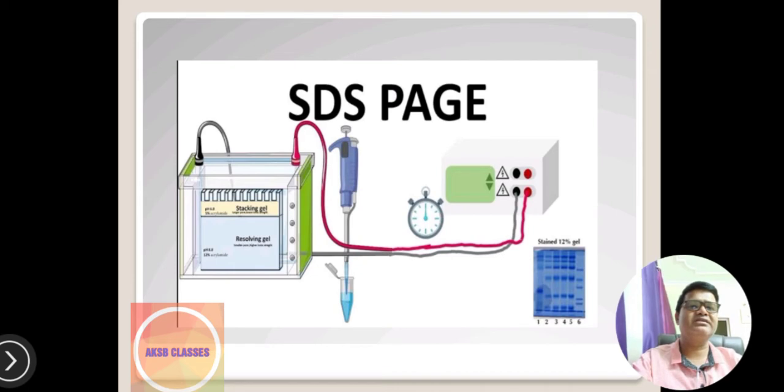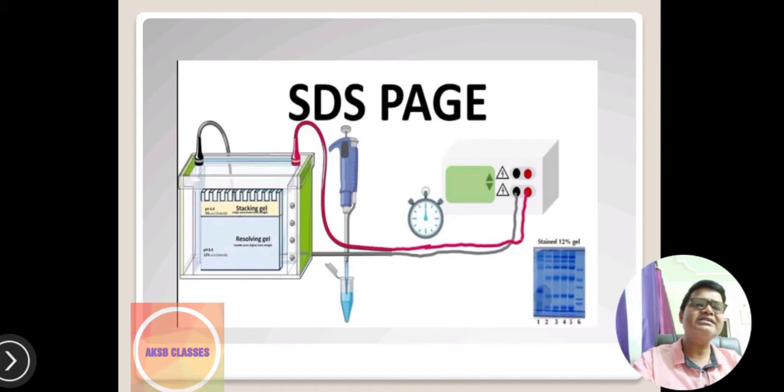PAGE is a variant of electrophoresis. It separates the protein as well as the DNA on the basis of size, on the basis of mass, that is mass by charge ratio.